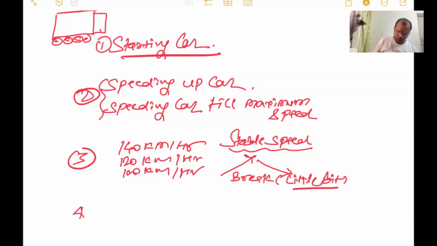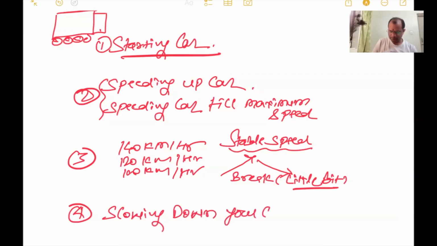And stage number 4: now you are about to reach your destination. Then you are slowing down your car. Suppose you are running at 140 km per hour.